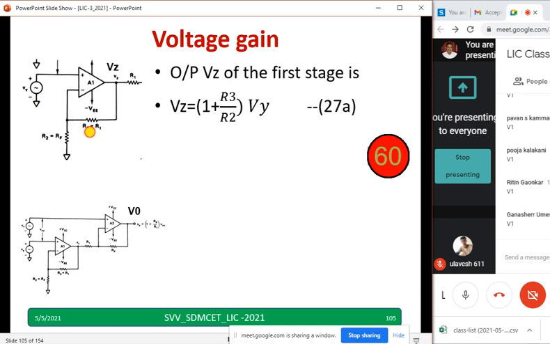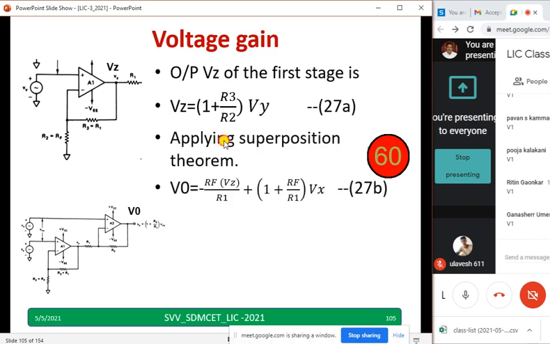Now I have taken R3 and R2, therefore 1 plus R3 by R2 into the input that I am giving will be the Vz. And coming back to this V0 now. I wrote for Vz, now I am talking about V0. So write down the equation, applying the superposition theorem, add both the results due to the inverting terminal and due to the non-inverting terminal.